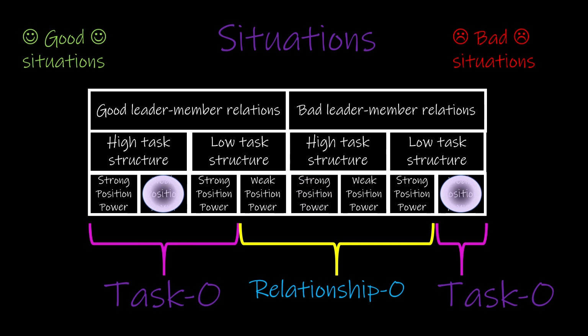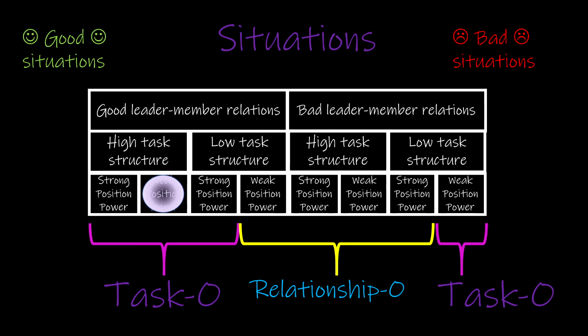So we would probably eliminate changing from a weak position power to strong position power situation, because it doesn't change the situation that much, and it's still an area where the task-oriented leader is not likely to be as successful. We also probably would eliminate changing from high task structure to low task structure, because that just creates a worse leadership position overall, and that's not what we're looking to accomplish.